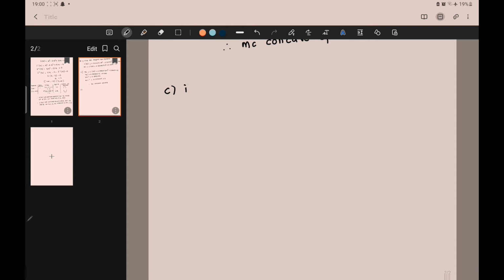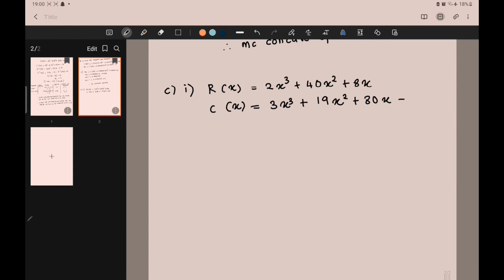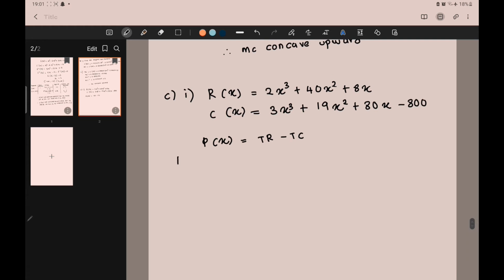Question C1 asks us to find the level of production that will yield a maximum profit for the company. The question has given the revenue function and cost function. We need to find the profit function. We use the profit formula, which is TR minus TC.